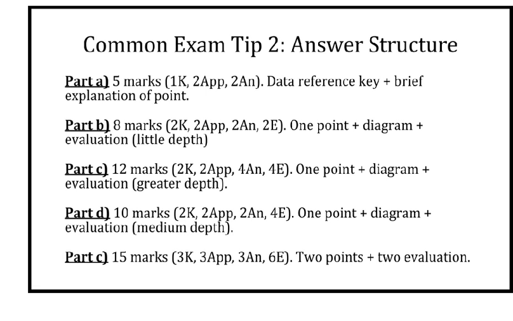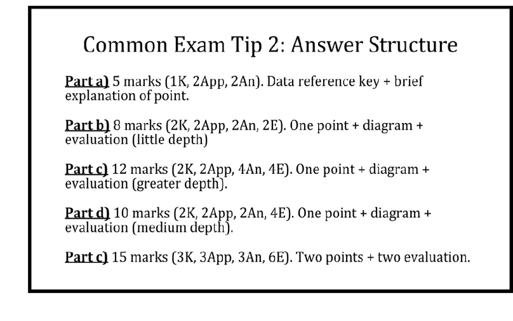The 10 marker is again 1 point, a diagram and evaluation. It doesn't need to contain a lot of depth, but what it does need to do is accurately show a good chain of reason why X leads to Y, which leads to Z, and the Y's in the middle.